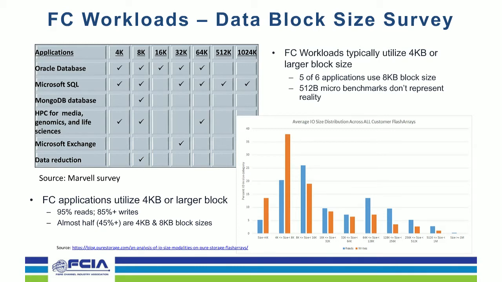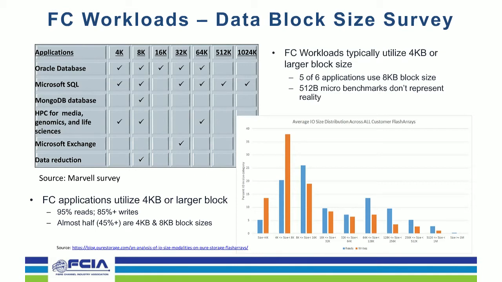So it's important to understand what block sizes matter to business critical applications that run on Fibre Channel. And the chart here on the right bottom is from a storage array vendor. What they have done is, over a large period of time, a lot of call home data has been used to collect across multiple different products of theirs what the typical block sizes are that hit that storage array.